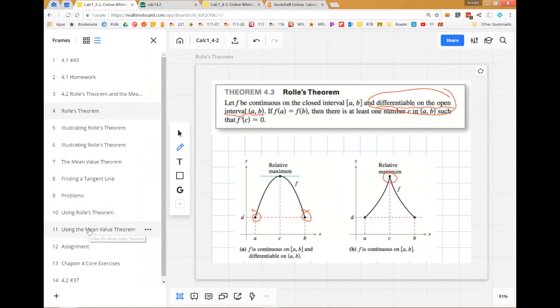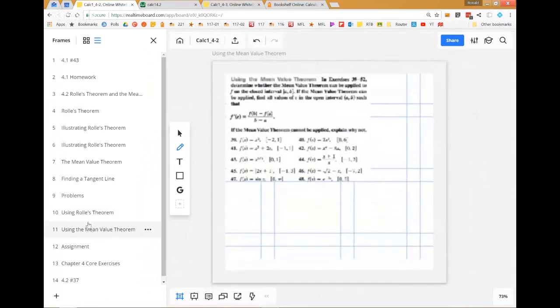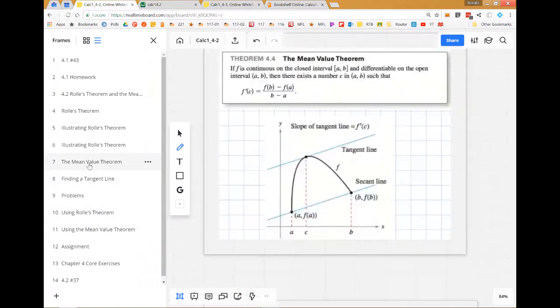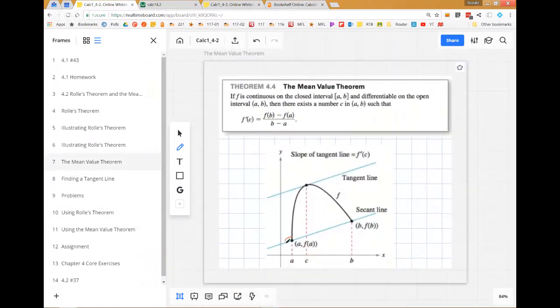The mean value theorem says, well, these two points are not of equal height, but you can see we have a slope there, and there's at least one point in between where the tangent line has the same slope as the line between the endpoints. So it's basically Rolle's theorem just tipped on an angle. That's all it amounts to.